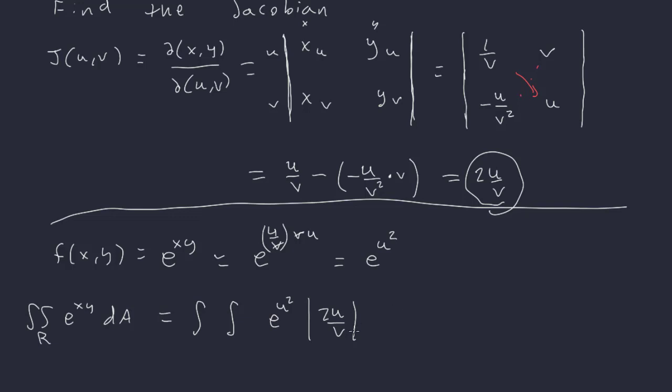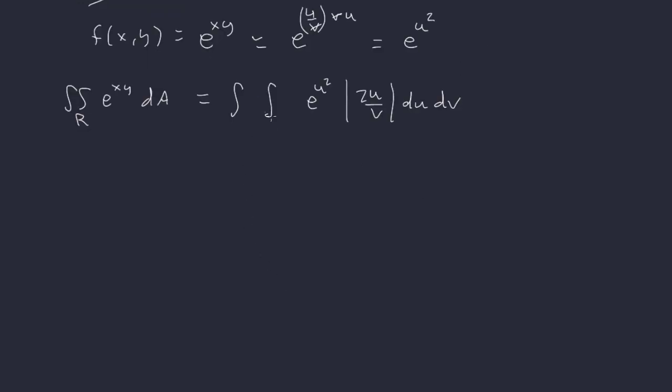So I'm just going to do du dv. And what we found was that u goes from 1 to 2, and v goes from 1 to square root 3.